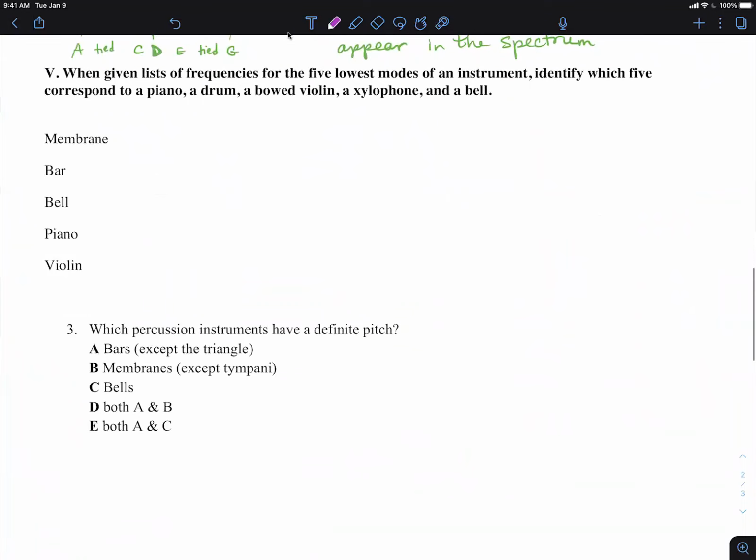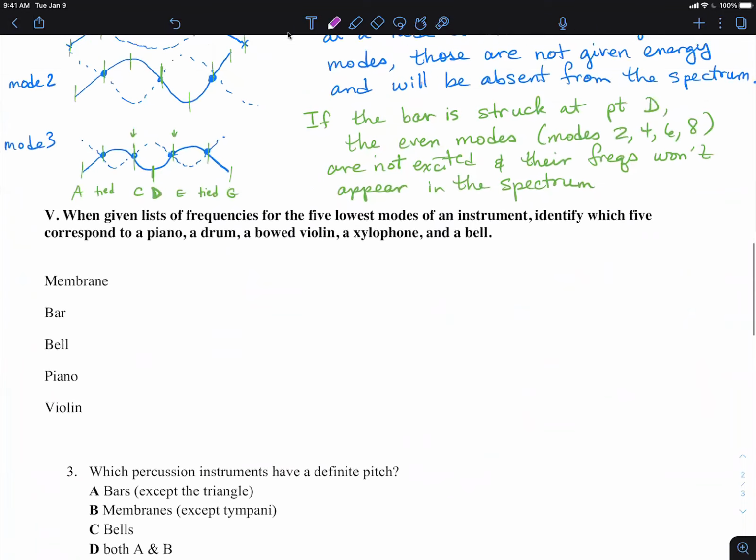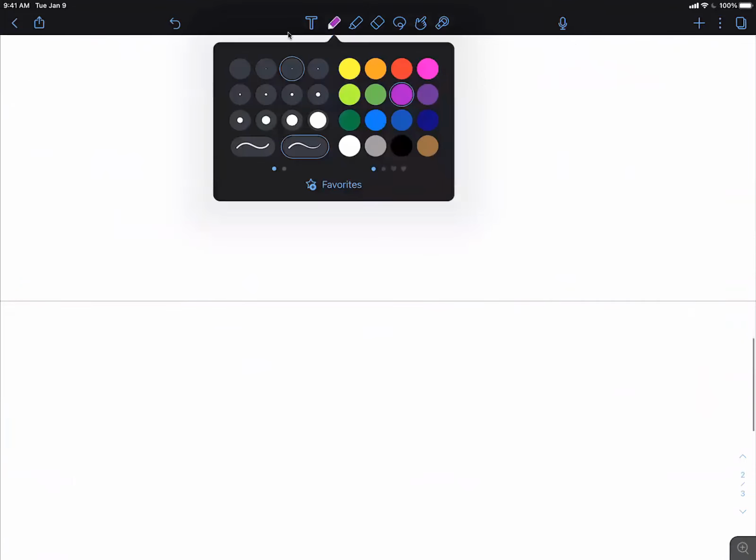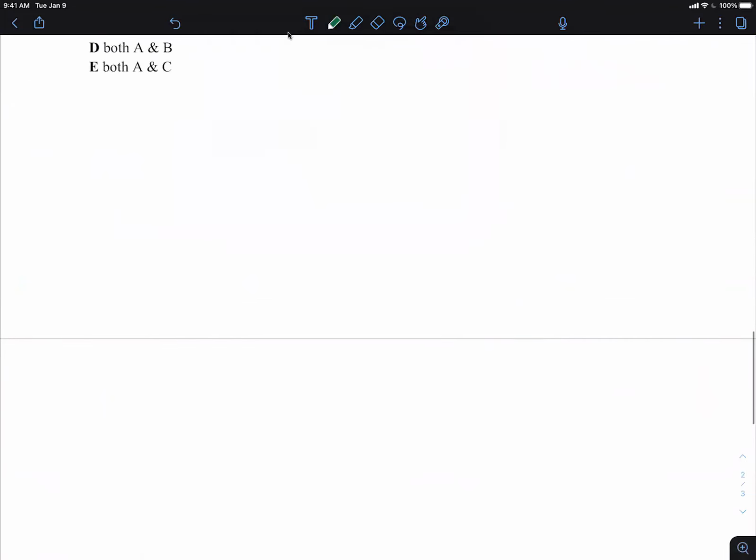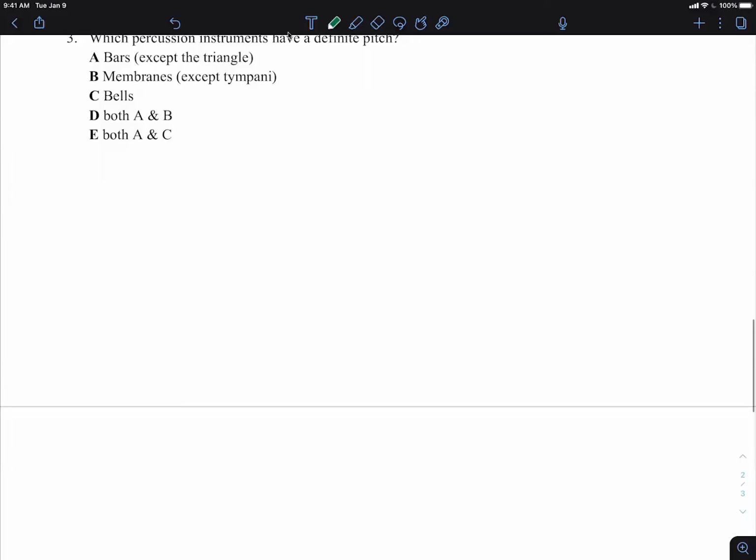Okay, so real quick about the bells. The bell family. So bells have this special shape that is a bell. Okay. That shape, this is again a two-dimensional surface.